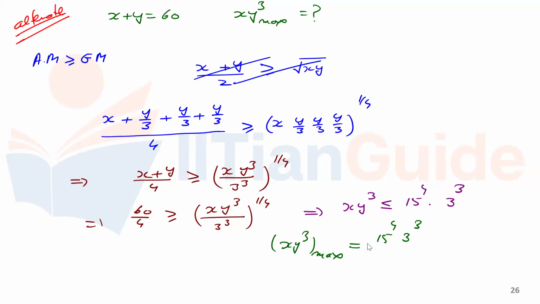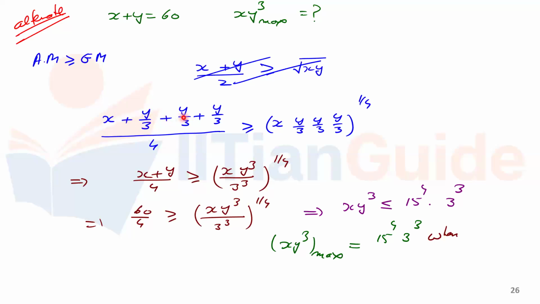This is the maximum value. This term is maximum only when, what I have done, I have made the arithmetic mean equal to the geometric mean. Arithmetic mean and geometric mean can be equal only when the numbers are equal. I had taken one number x and another number y by 3.